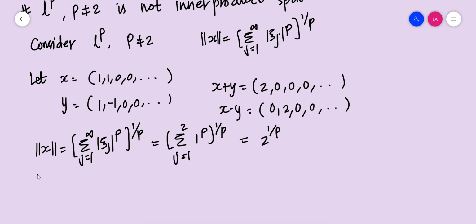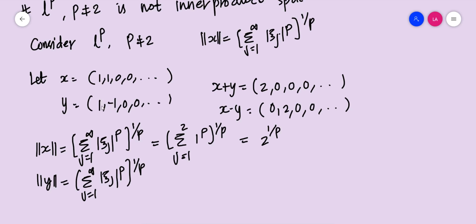Similarly, the norm of y is equal to the summation from j equal to 1 to infinity of modulus of theta j raised to p, the whole raised to 1 by p. Here also only the first two components are needed. The first component's modulus is 1, and the second component's modulus is also 1.